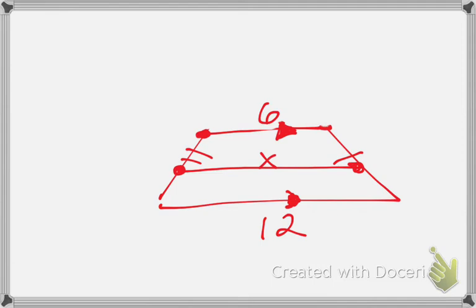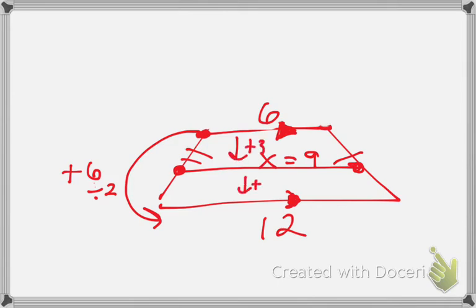Well, 9 is exactly in between 6 and 12, right? Because how do I go from a 6 to a 12? I add 6. What's half of 6? 3. So add 3, puts 9 at the middle. Or take 6 plus 12 and cut it in half. That would get you to 9 also.